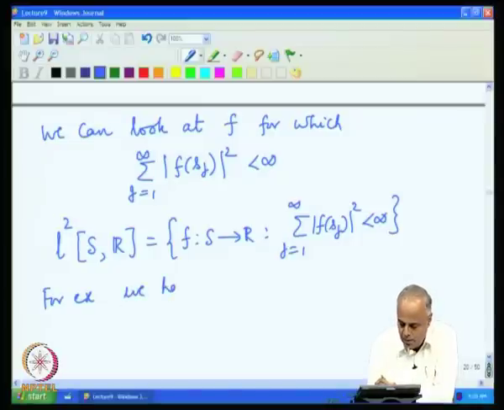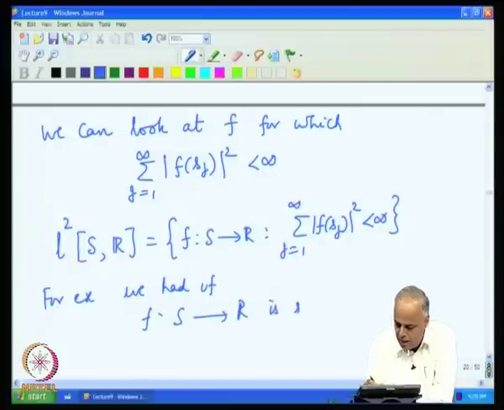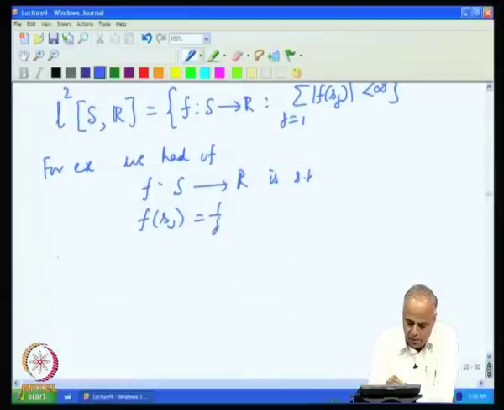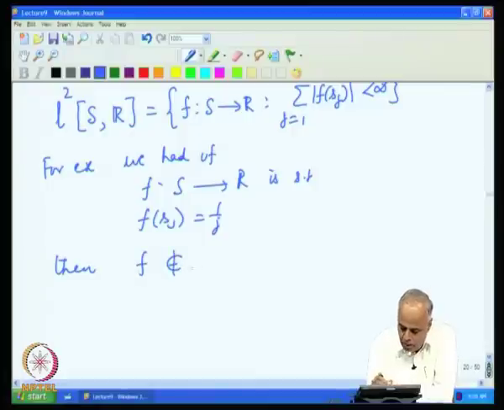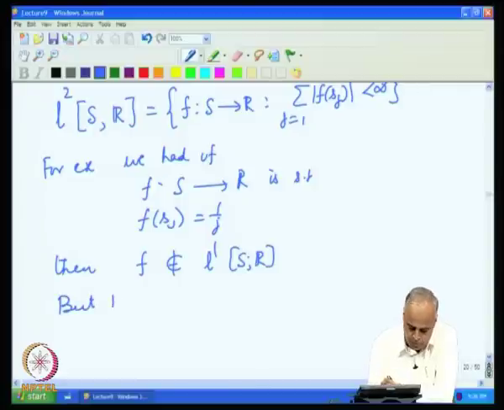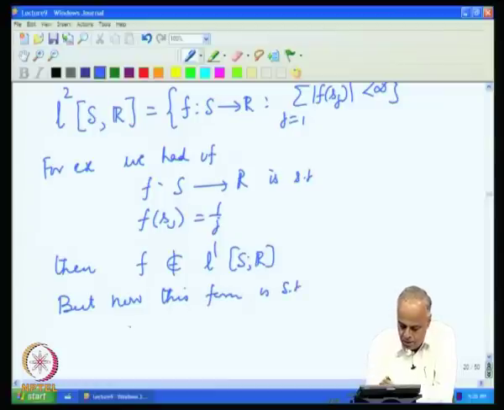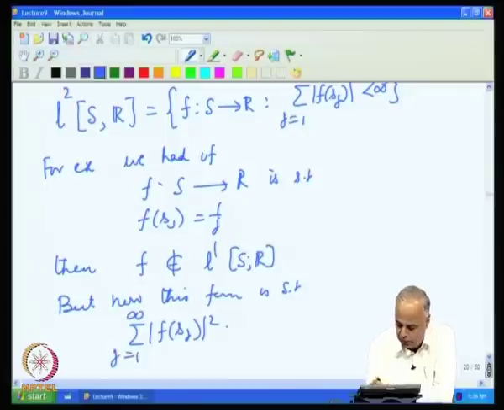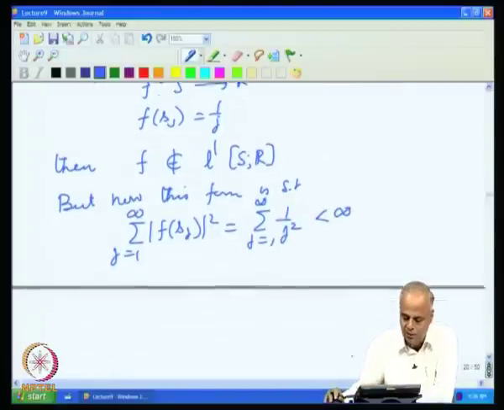For example, if f mapping S to R is such that f of s j equal to 1 by j, then f was not in L1 S R. But now this function is such that summation mod f of s j squared, j equal to 1 to infinity, is summation j equal to 1 to infinity 1 by j squared, and this we know is a convergent series.